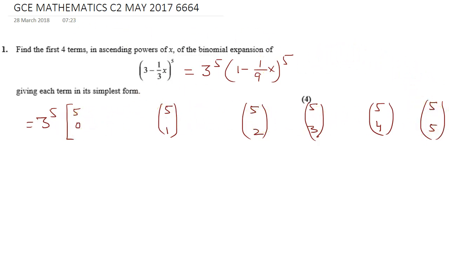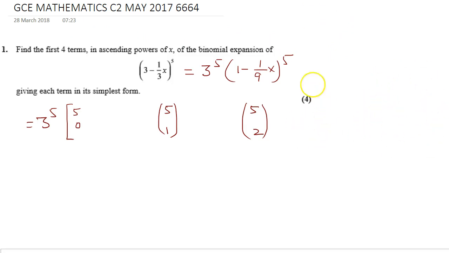We need not worry about the rest, so I can write here 5C0, 5C1, 5C2 and 5C3.